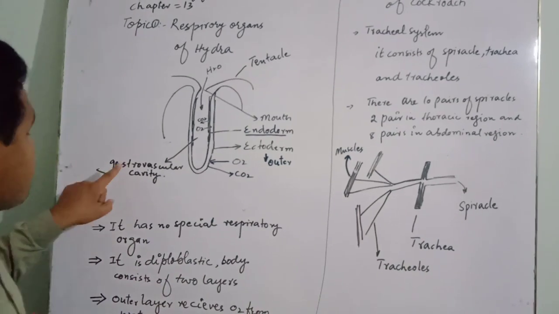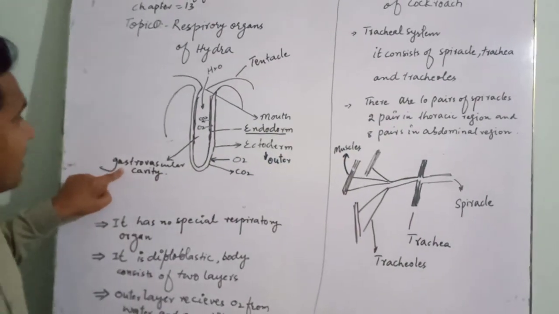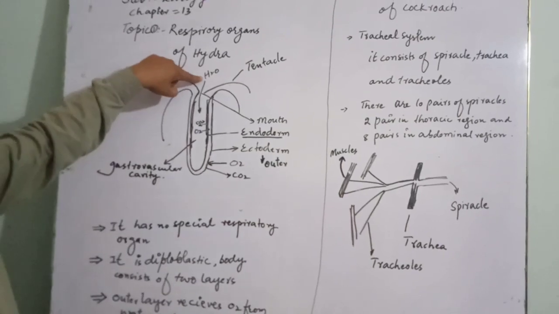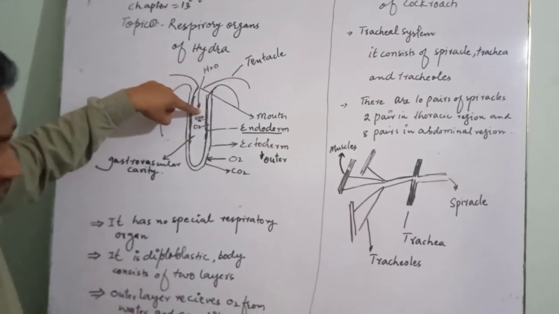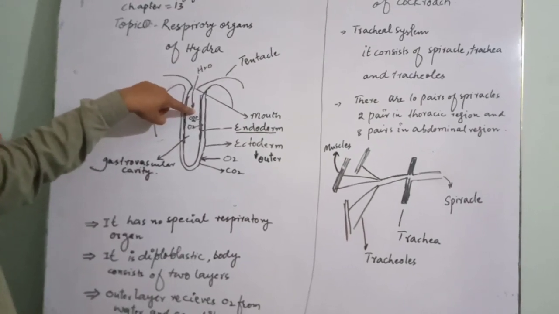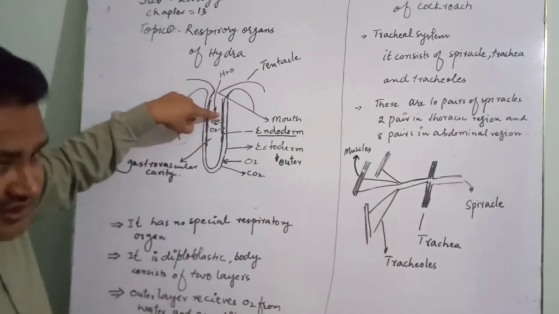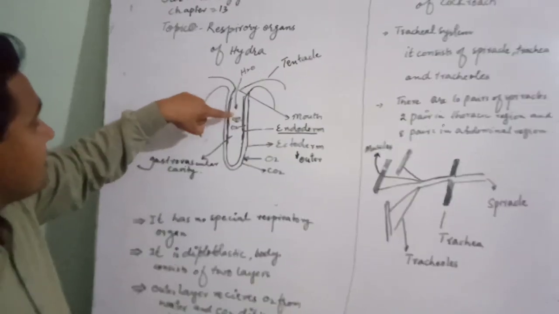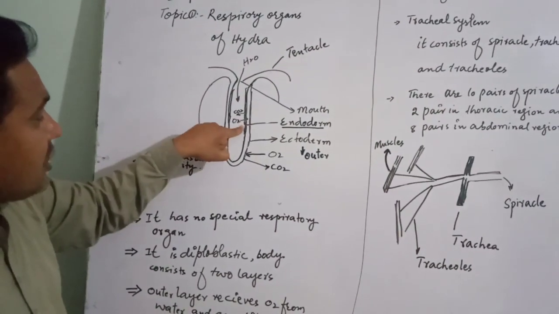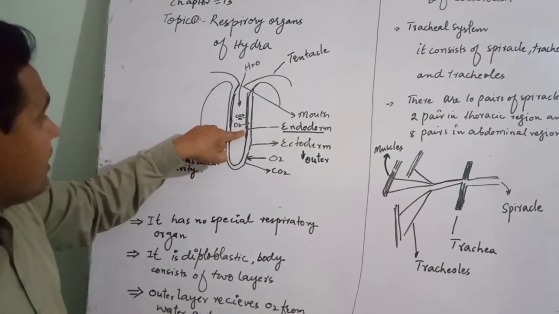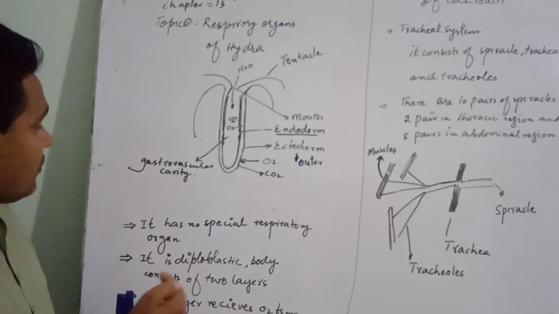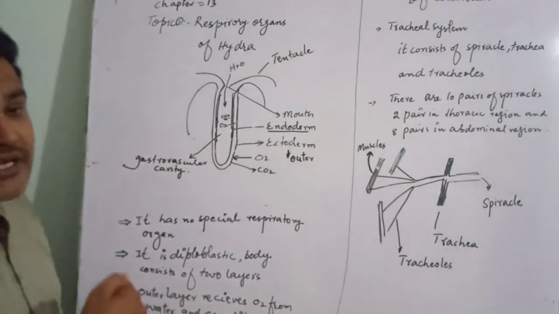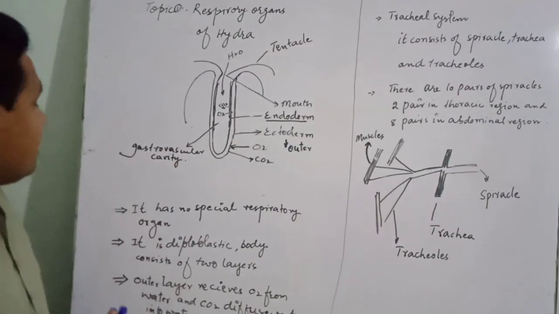The water comes in from the mouth and is stored in the gastrovascular cavity. Water has oxygen, then this oxygen diffuses into the endoderm and carbon dioxide diffuses out of the endoderm into the gastrovascular cavity.